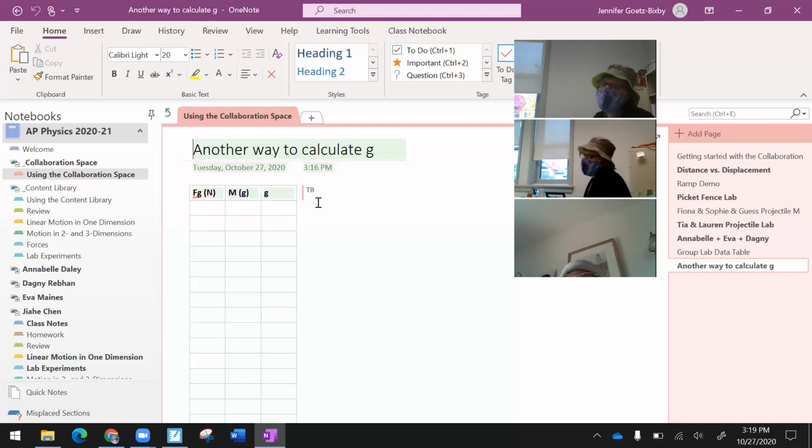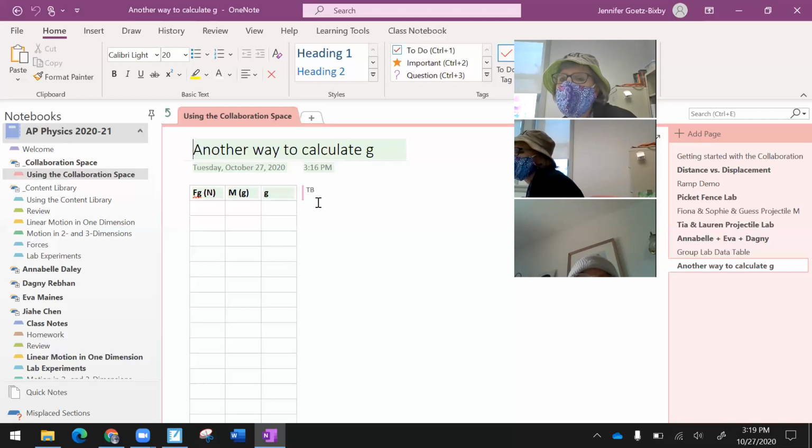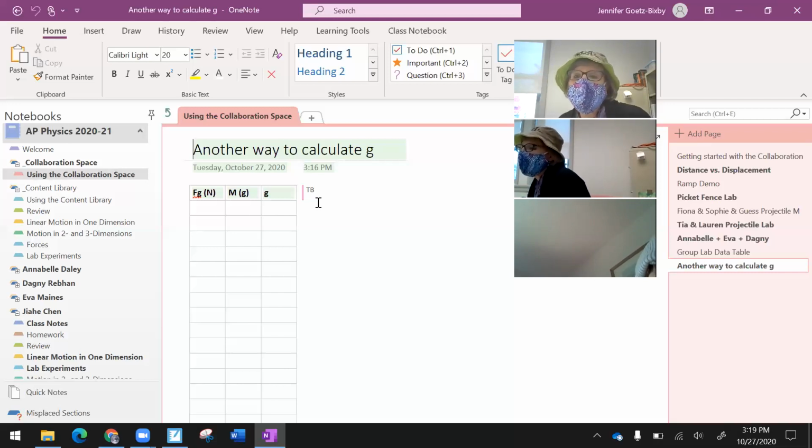Dr. Goetz, could you just explain how we have to calculate G from this? I just couldn't hear that. Sure. So because the mass is our independent variable, you're going to plot that on the x-axis, okay? And then Fg, the force, is what you're measuring.